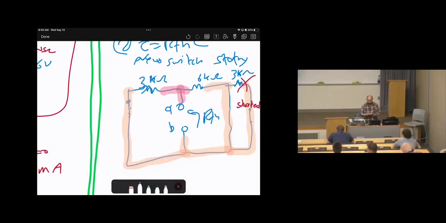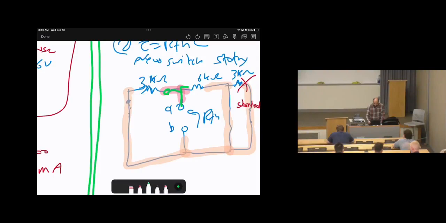Then the only resistors remaining are 3 kilo ohms and 6 kilo ohms. What's the relationship between them? Are those series or parallel? What do you think? Parallel. Why? Between the same two nodes. Why are they not series? They are not sharing the same current. Assume there's a current flowing from A to B, it will split.